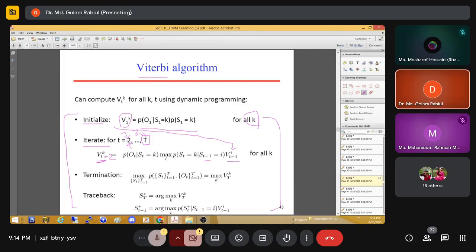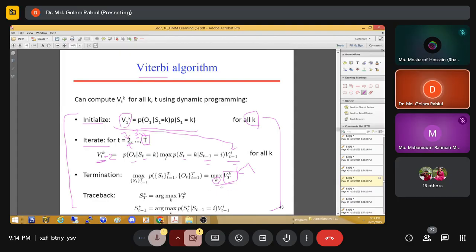Similarly, we have to increase the t and now consider t equal 3. To find out t equal 3, we have to consider observation 3, state 3, and then state 3 and state 2, and here V2. As we know the V2 from our previous iteration, we can put the values here to find out the V3. When we get to the terminal condition, this is the max, then we have to find out for which value of k we will get the maximum VTK.